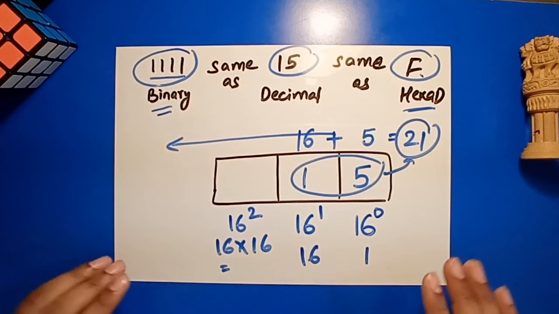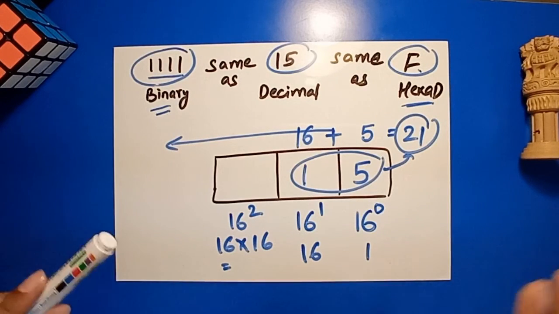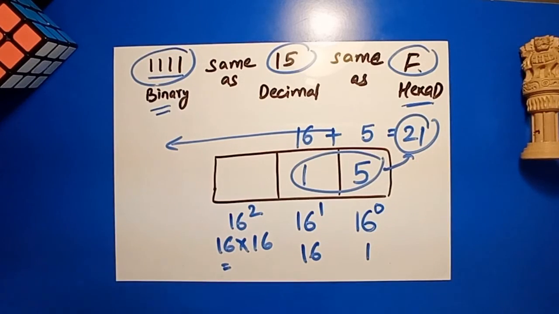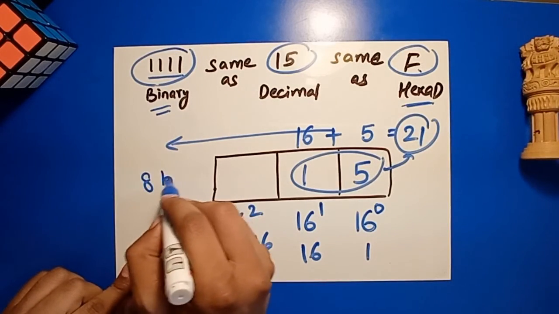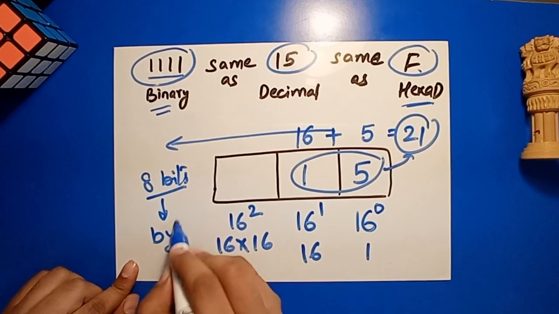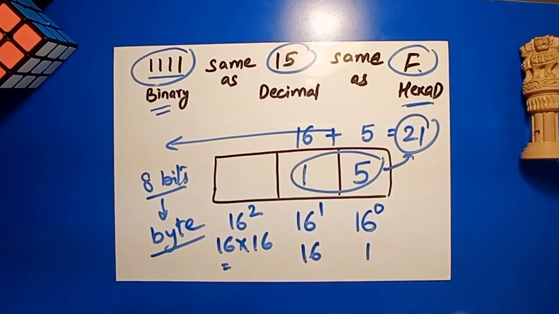Now you can skip it or you can watch it, but it is super interesting. Computers are everywhere and you know about binary digits, bits. 8 binary digits are called, you already know maybe, bytes. And you know about kilobytes, megabytes, gigabytes.